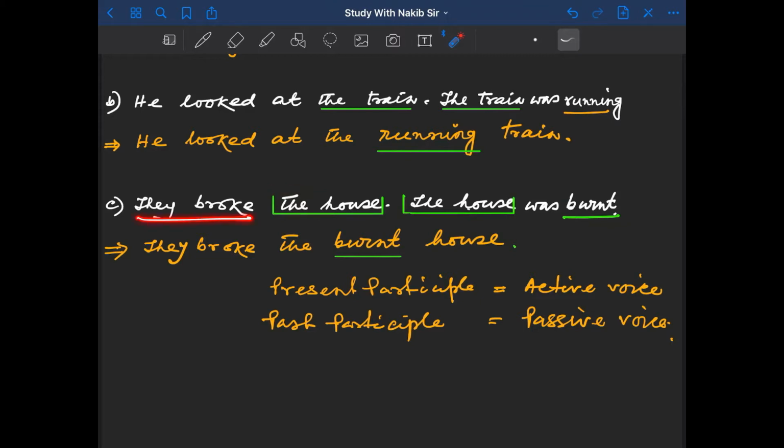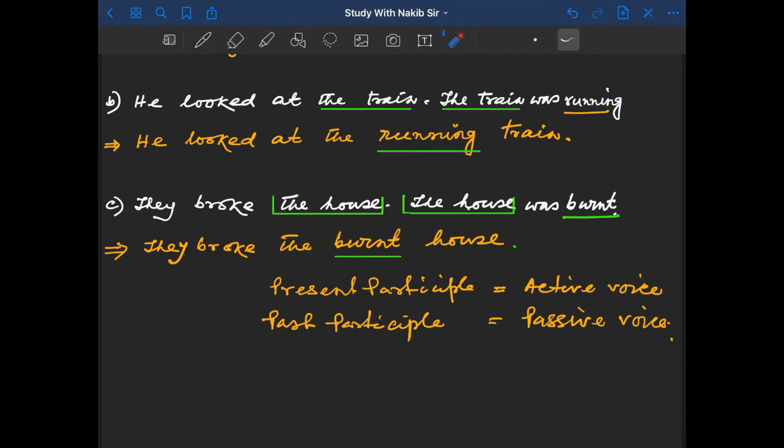They broke the house. What type of house? The burnt house. So see this, they broke the burnt house, the burnt, a participle adjective. So your combined sentence is they broke the burnt house.